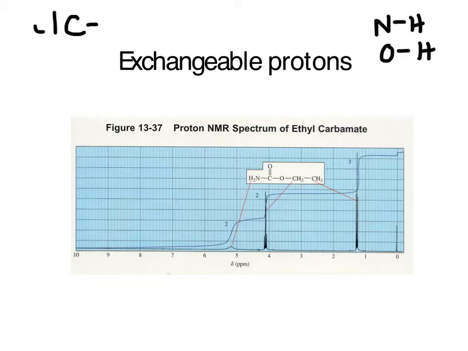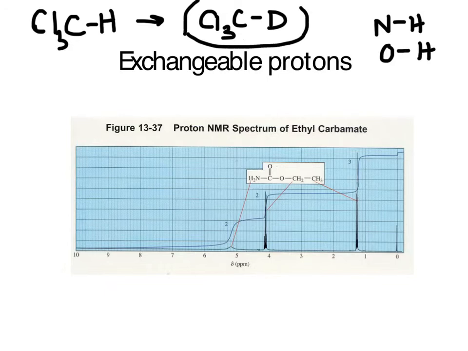So if we want to use, let's say, chloroform as an NMR solvent, we will replace that hydrogen with a deuterium. And so now this is excellent as a solvent because it doesn't show up in proton NMR. But what happens oftentimes is that these signals on NHs and OHs can become exchanged. And what you get is deuterium replacing hydrogen. When you do that, this doesn't show up.